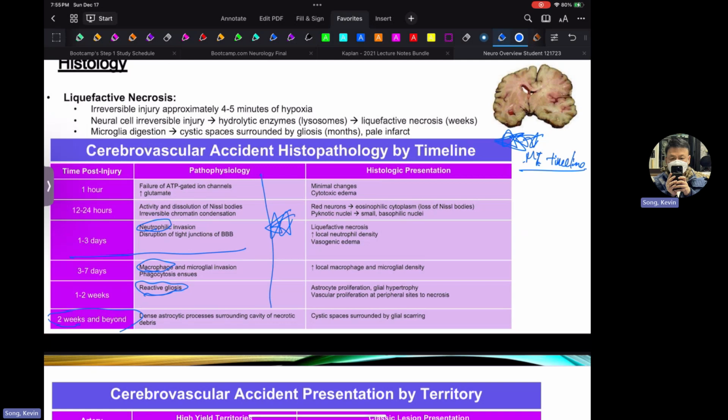And then another thing is that usually in the MI case, this is coagulative necrosis, basically coagulative necrosis from ischemia. But in the brain, there is no coagulative necrosis. It will have liquefactive necrosis. The reason is the BBB.